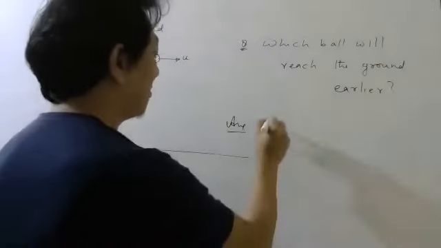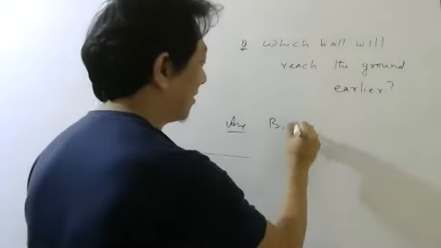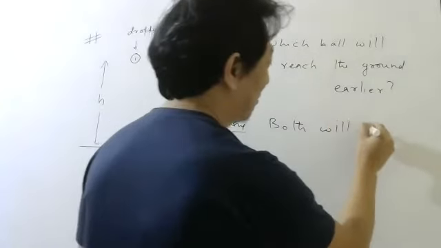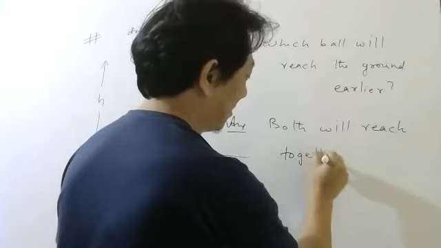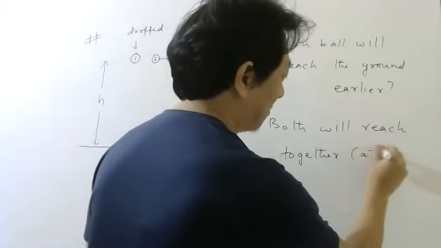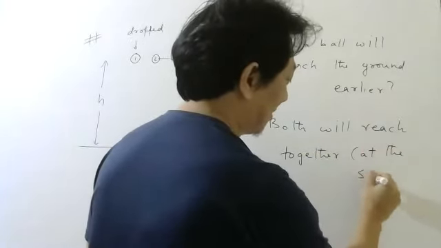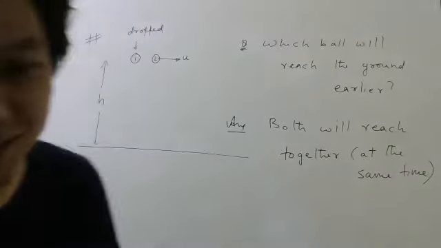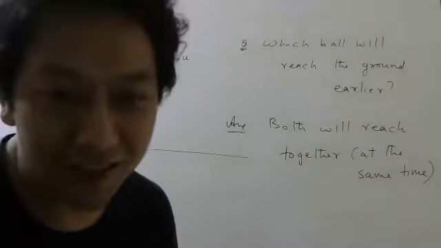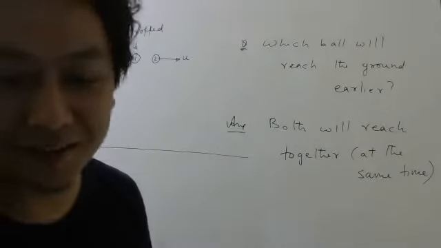The answer is, both will reach together. Meaning at the same time. Both will reach together at the same time. First you write the answer.